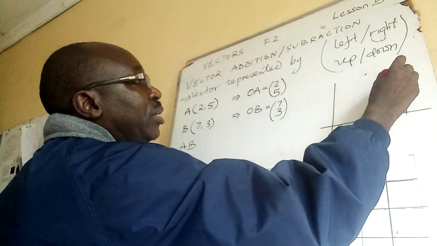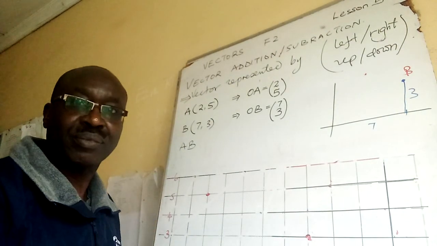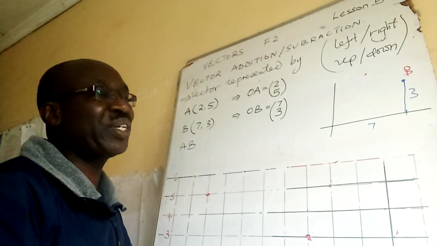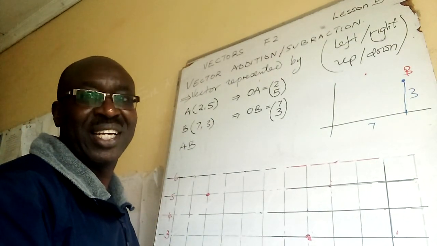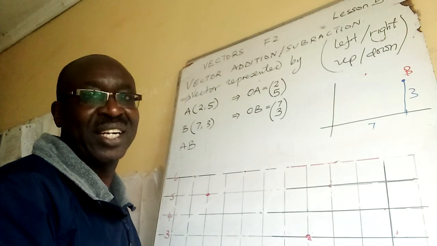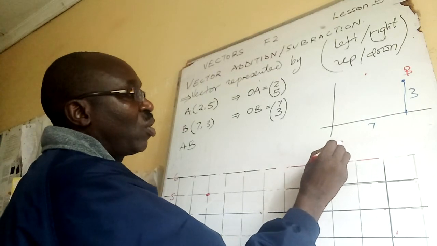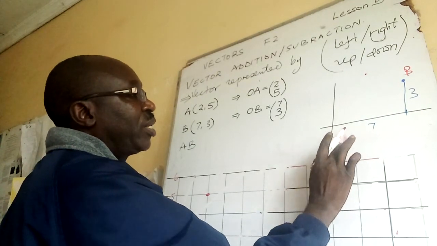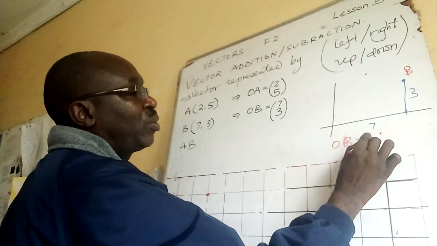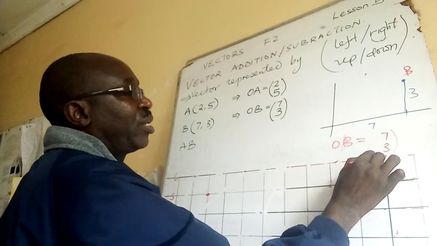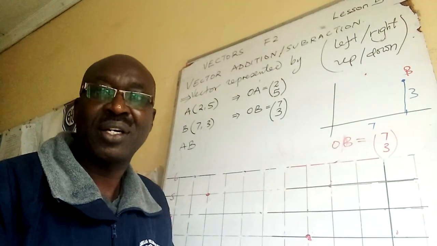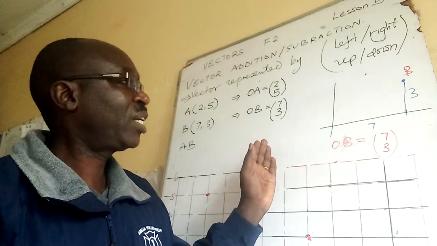So that is my point B. Going to B, from O to B is equal to (7, 3). That should make sense.